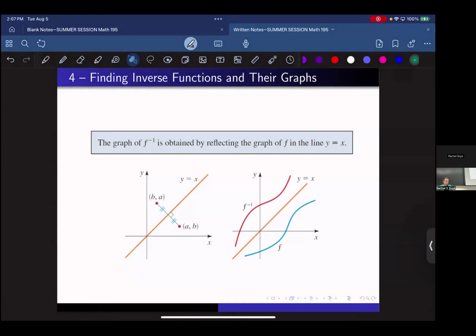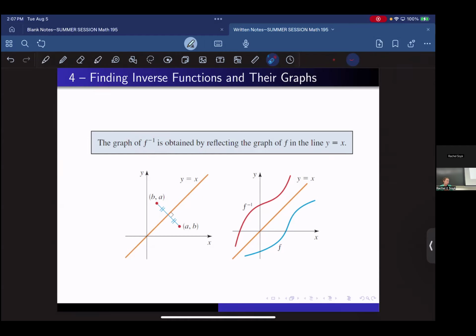Finding inverse functions and their graphs, which is part of the fourth objective. The graph of f inverse is obtained by reflecting the graph of f along the line y equals x.